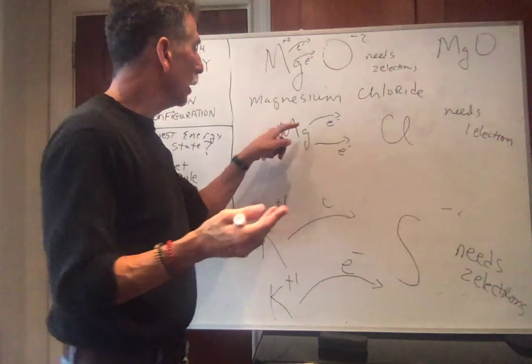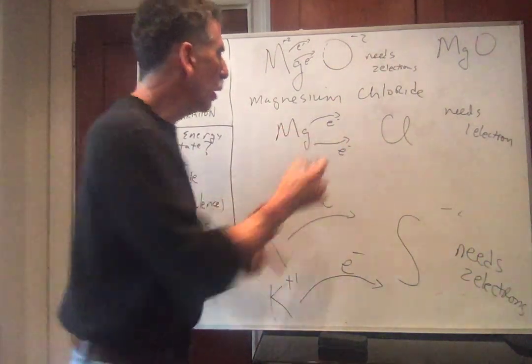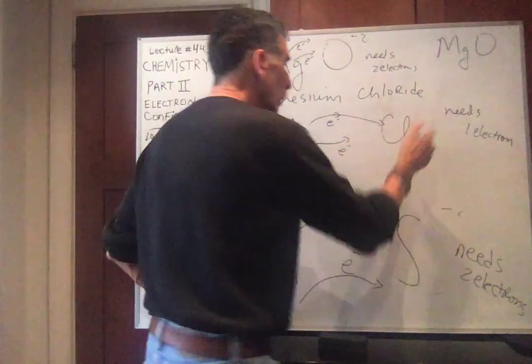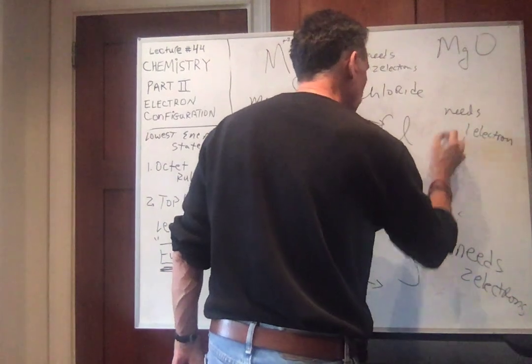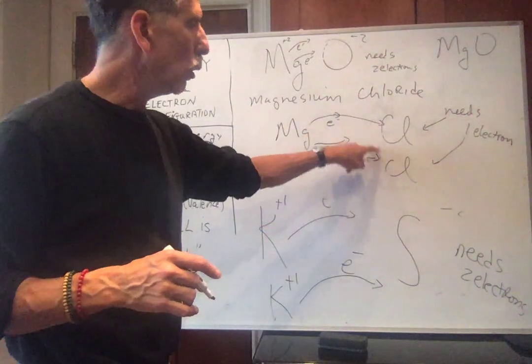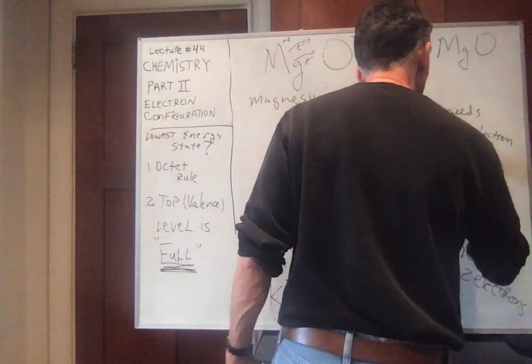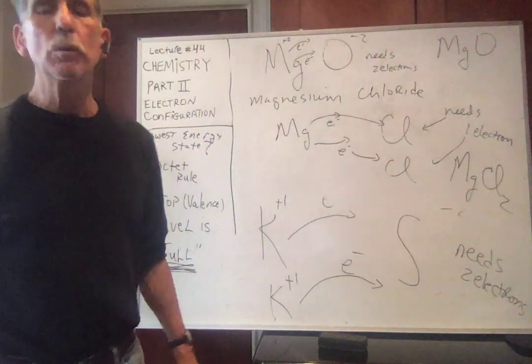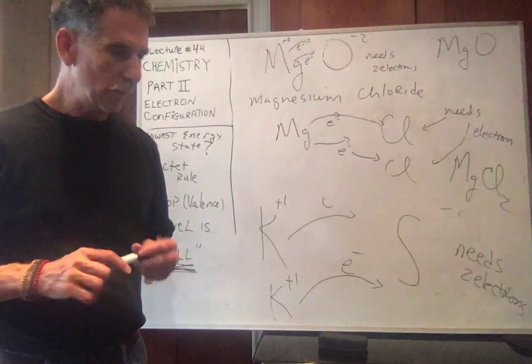These 2 electrons have to go somewhere. One electron goes to the chlorine because it only needs 1, so you get another chlorine, and they each need an electron. So what's the formula? Magnesium chloride, MgCl2. You need 2 chlorines.